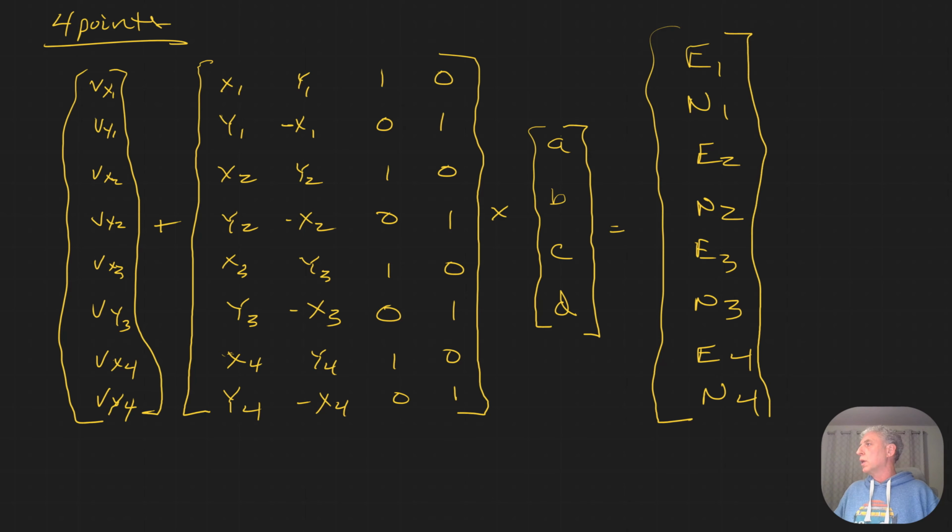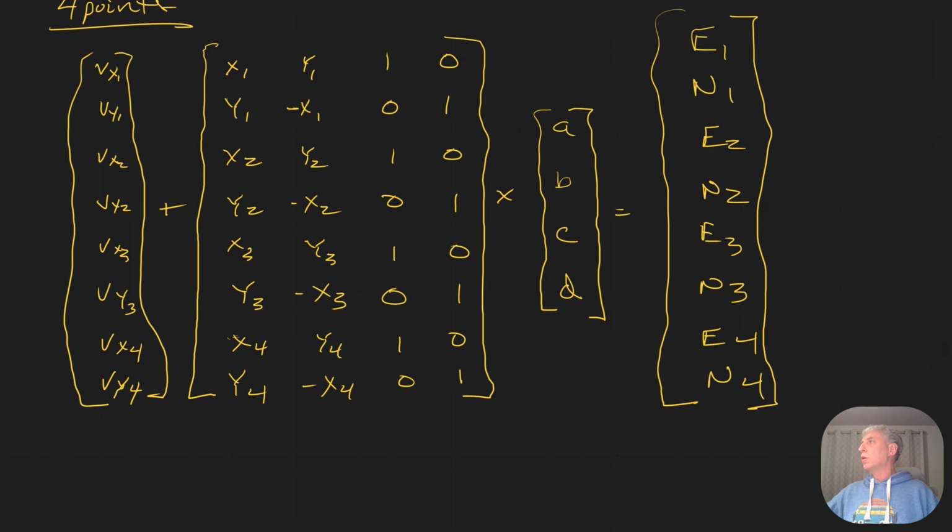So let's play with these a little bit. Let's take a look. First of all, do our dimensions work out? So the dimensions of our first is 8 by 1, 8 rows, 1 column, plus, and this is 8 rows, 4 columns. So we can definitely add those, right? And then multiplied by 4, 1 here, dimension 4, 1. Can we do that? 4 on the inside.